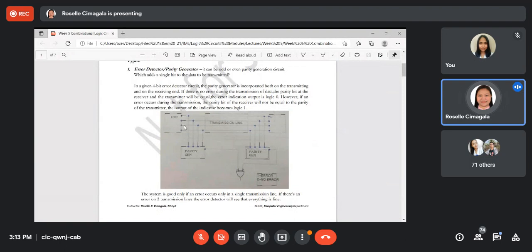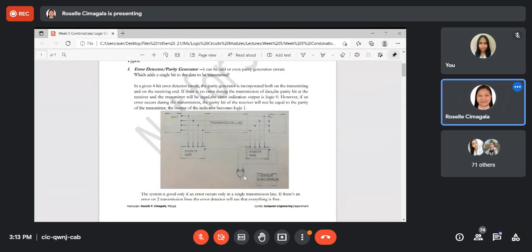So for this, let's say for example, we have a transmission line having two opposite lines, the output and the input lines, and then we have our parity generator in between our transmission line. These two parity generators attached to each line would generate either an odd or even parity.